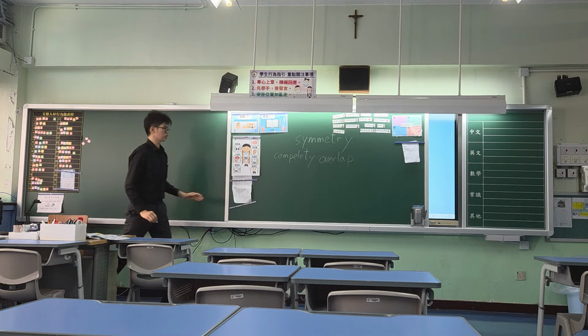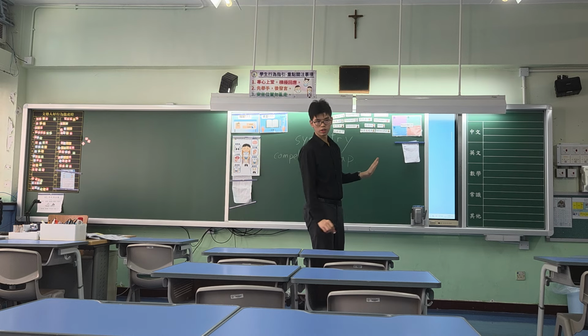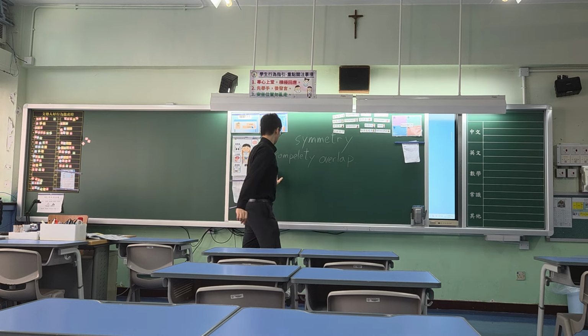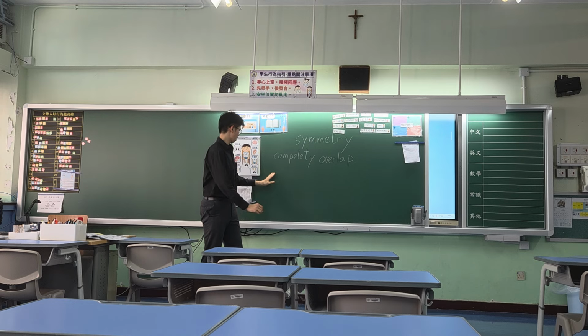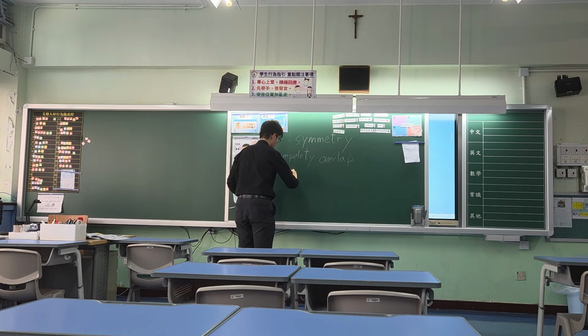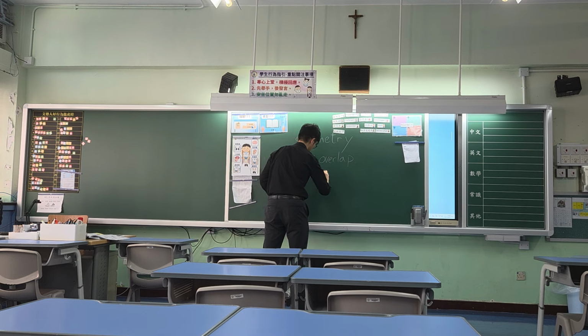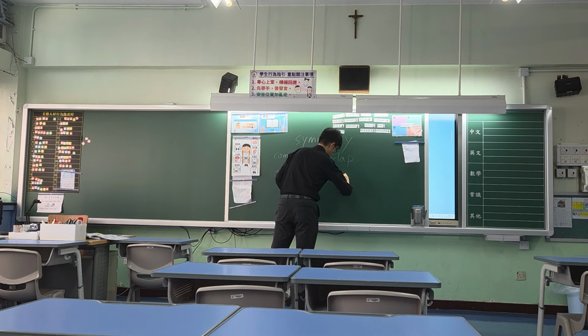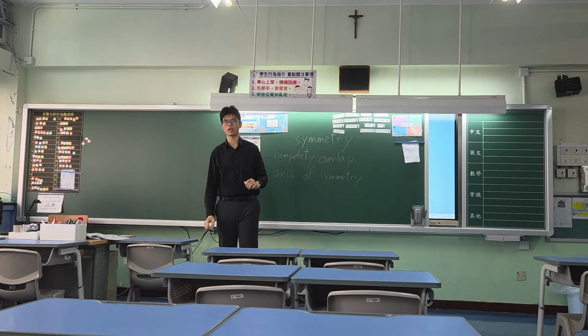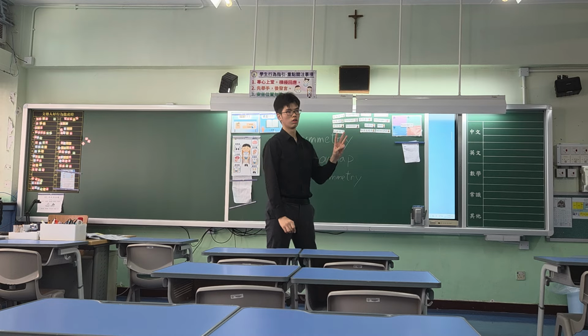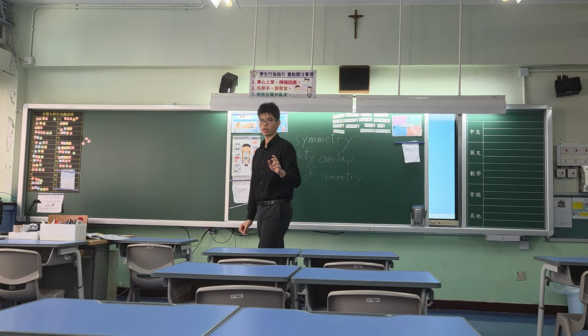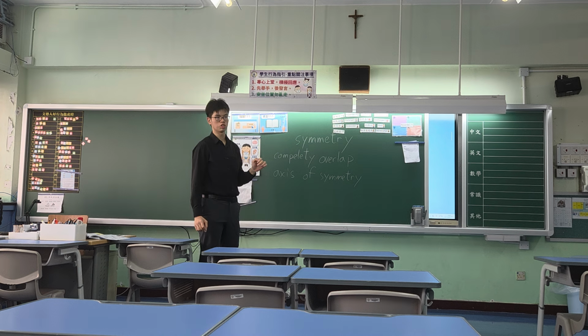Alright, so except for completely overlap, we have learned another: the axis of symmetry. We have learned that there are three important points for us when we draw the axis of symmetry of a 2D shape.